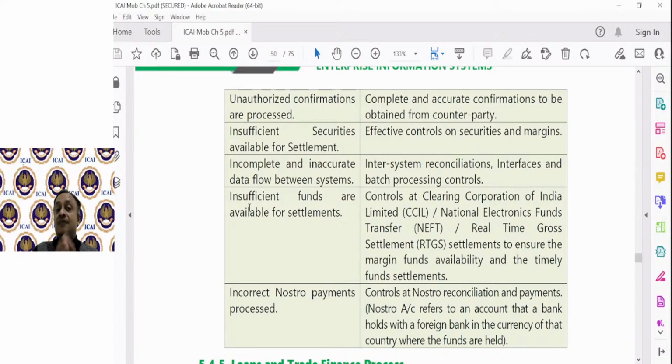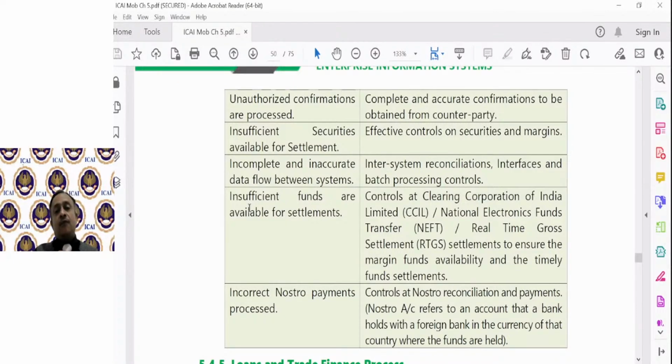So now you're looking at it from the other side. In treasury operations, you as a banker can be a buyer of security as well as a seller. In this case, you're basically the seller. You don't have the security and you have sold it, so there is some gap. That is why it says effective control on the securities and the margins put. Very, very important. Believe me, every transaction is very, very critical for business operations.